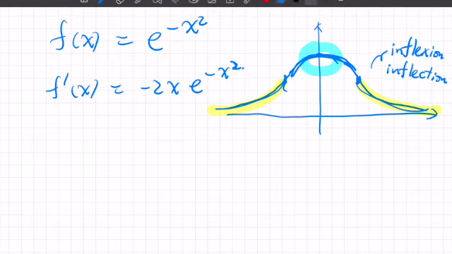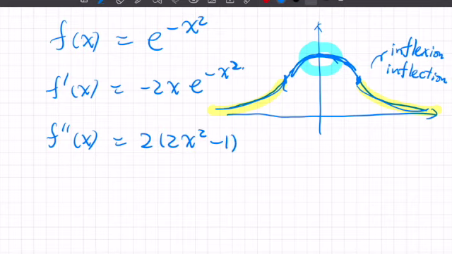And if you differentiate it twice, I skip all the details and just give you the final result, which should be this.